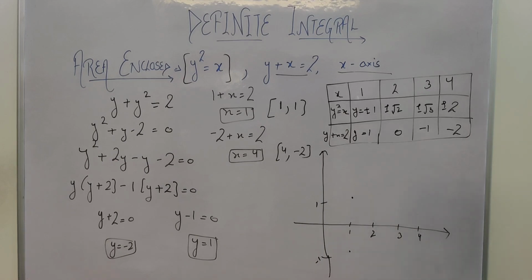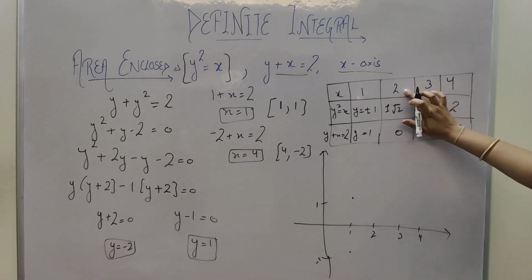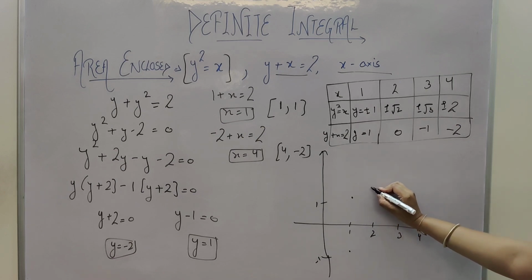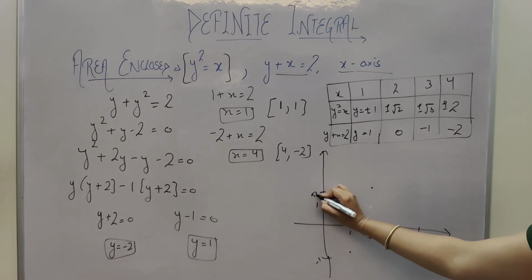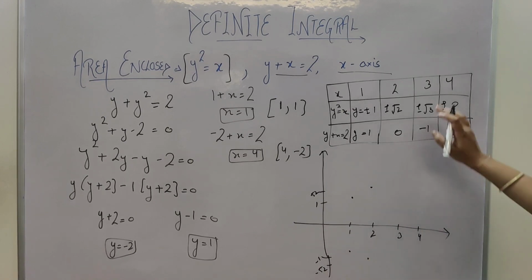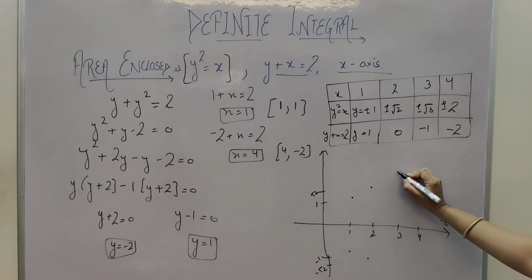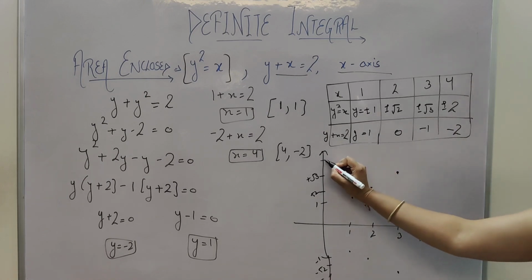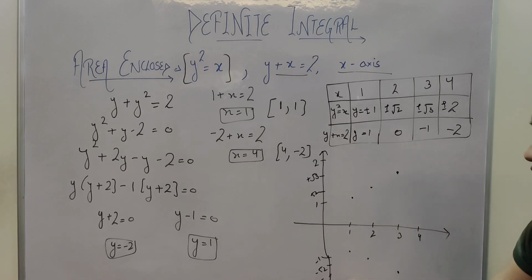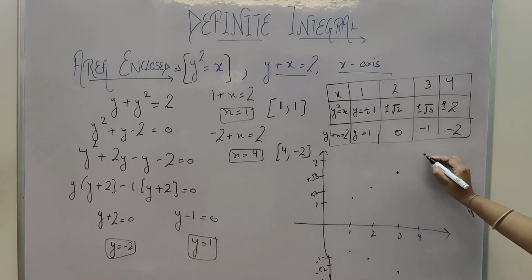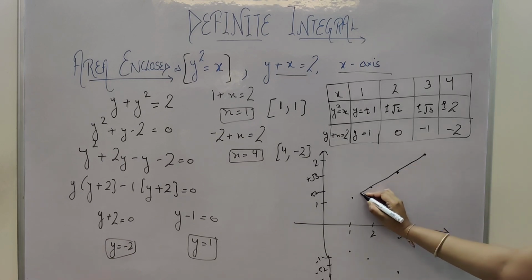Secondly, if it is 2, it comes root 2 and minus root 2. If it is 3, it comes root 3 and minus root 3. If it is 4, it comes 2 and minus 2. So the parabola is something in this way.